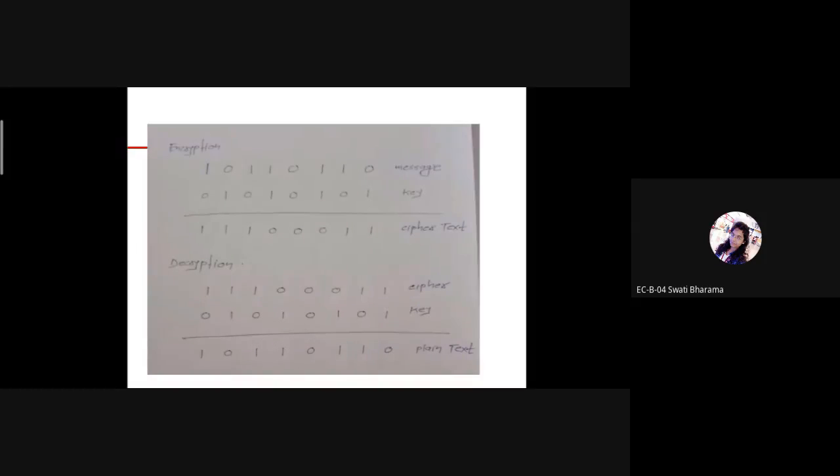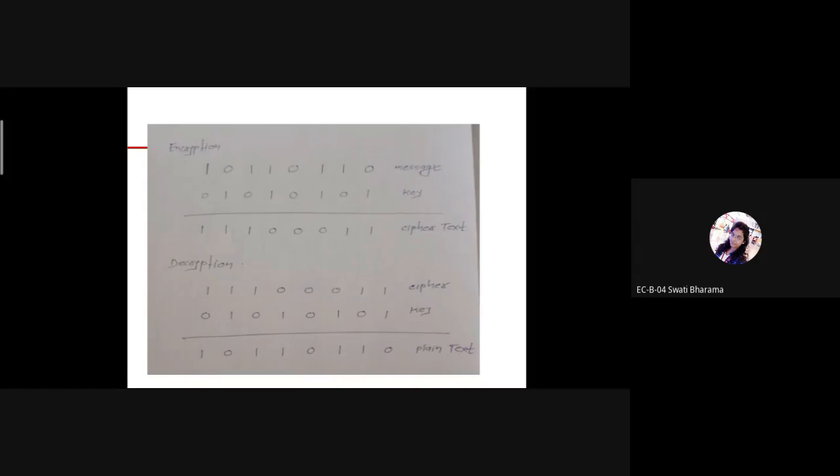The hacker is not able to read the contents or understand what kind of information is hidden in this message. If the receiver wants to understand this information, the receiver also has the same key. With the help of the same key, the receiver can decrypt this message and get the original information, which is called plain text.